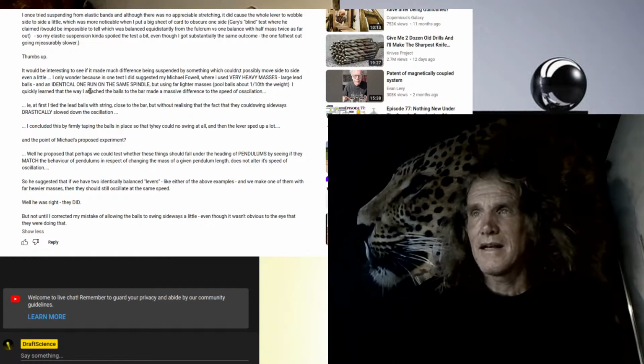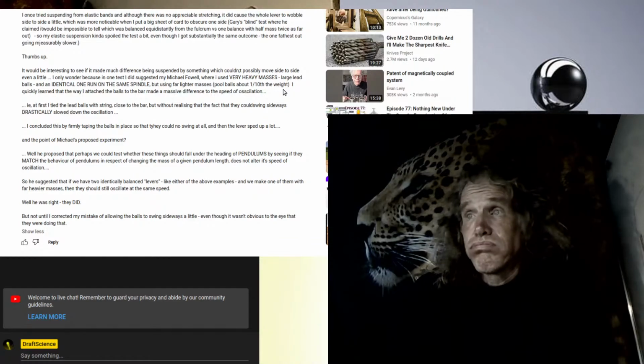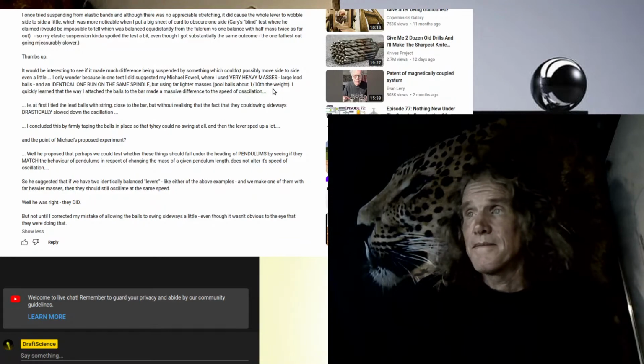"And an identical one run on the same spindle." I don't know what that means. "But using a far lighter mass, pool balls about 1/10 the weight." Who knows? So this is another experiment we didn't see.